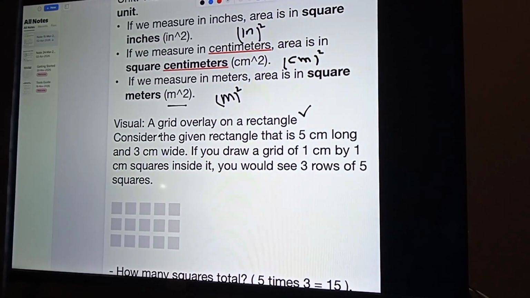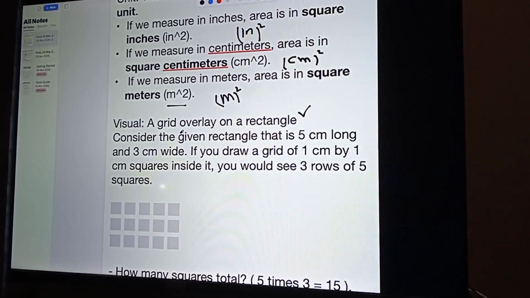Suppose, consider a grid overlay on a rectangle. A grid overlay is made of small squares and big squares, and that is called graph paper.